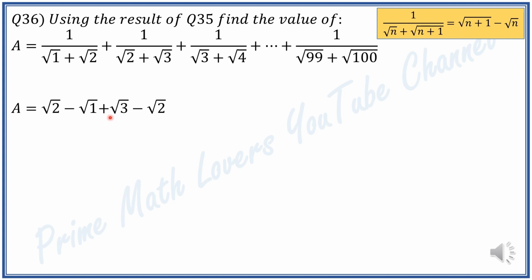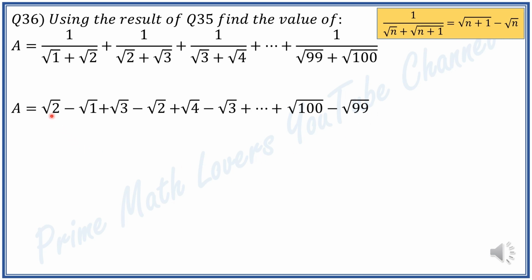So I write down plus square root of 3 minus square root of 2. With the same reasoning, we can write the next fraction as square root of 4 minus square root of 3, and so on until the last fraction, which I can write as square root of 100 minus square root of 99.